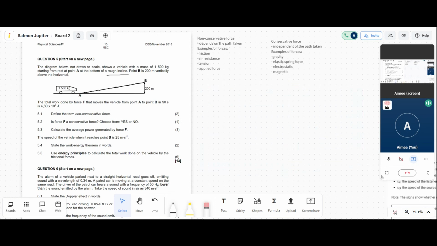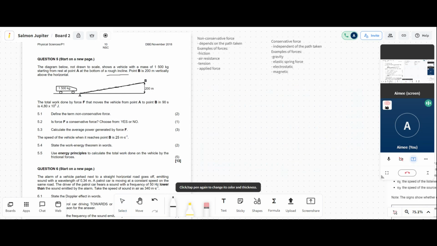And one of the sets of formulas that usually still works in these questions is your equations of motion. So they're specifically telling you in question 5.5 that you're not allowed to use equations of motion. They want you to specifically use your work formulas. So just be careful because you'll get 0 if you use anything other than your energy principles, and your energy principles are your work formulas.